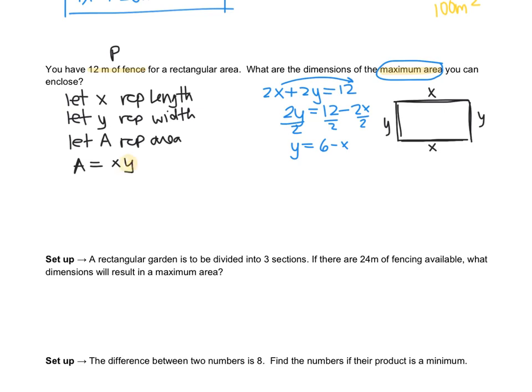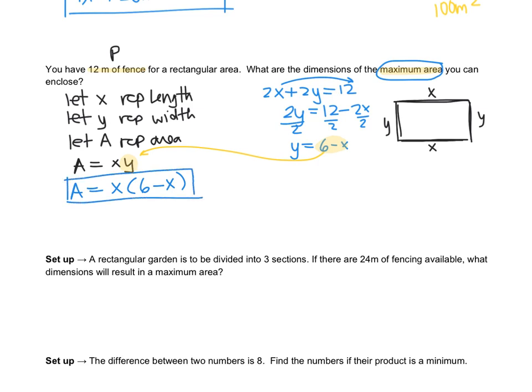So instead of writing y, I'm going to write the 6 minus x, because that's what y is equivalent to. So I'm going to do a little substitution here so that I get area equals x times 6 minus x. Now it's quadratic.